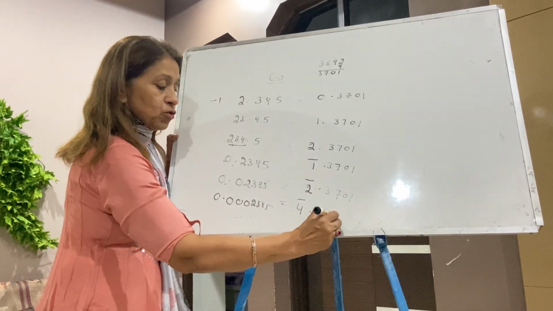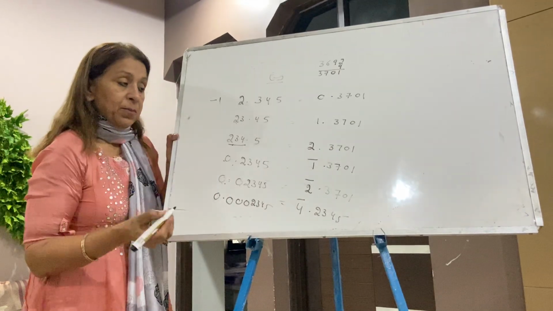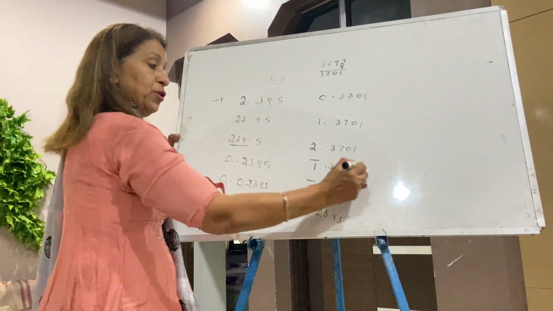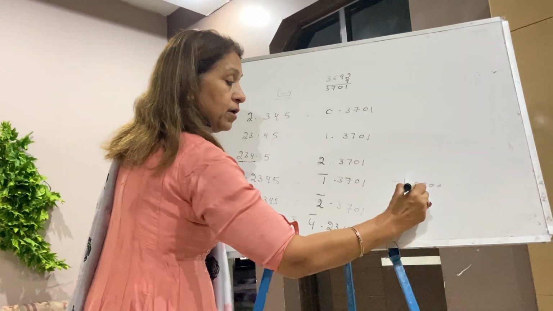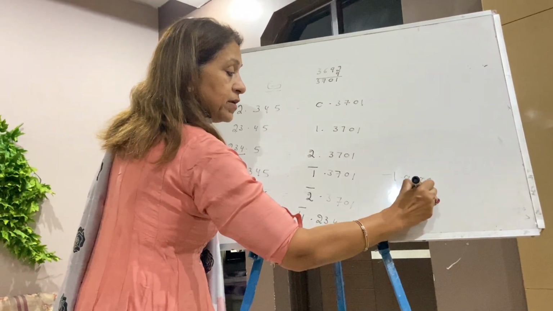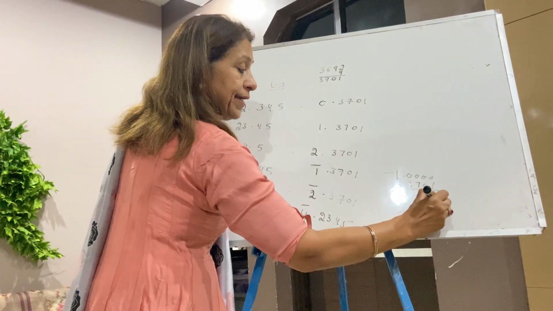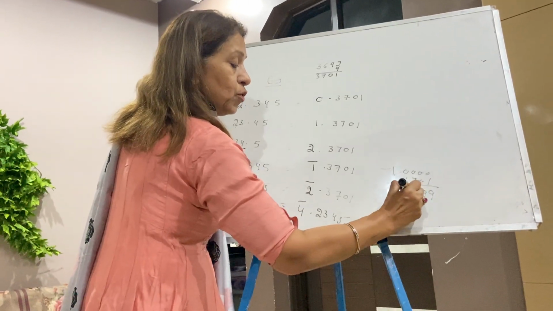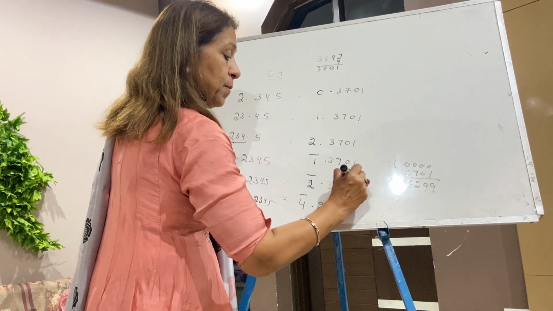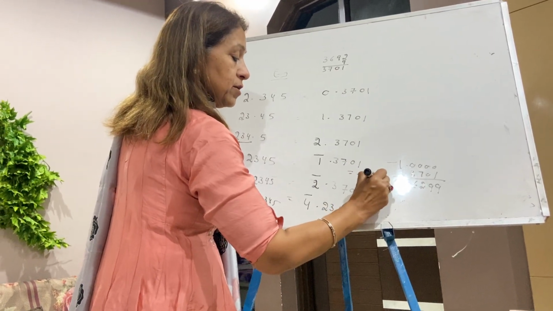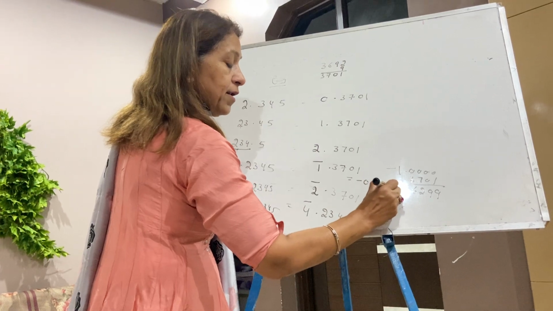So there is another method also. Now what is the purpose of this bar? You will do minus 1 plus 0.3701. This comes 9, 9, 2, 6 and 0. So your answer comes here minus 0.6299.